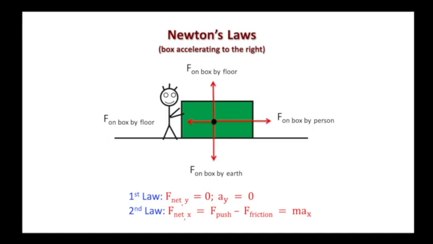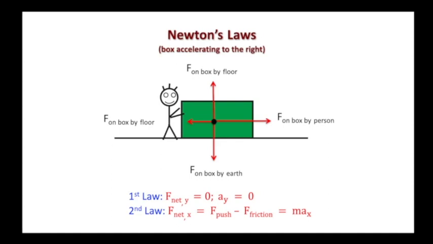In the x direction, we have two forces. We have the force on the box by the person, the push, and the force on the box by the floor, which is friction. These are like a pushing force and friction, but us labeling them as on the box lets us know that these are all forces that we're going to put together and sum up because they're on the same object.